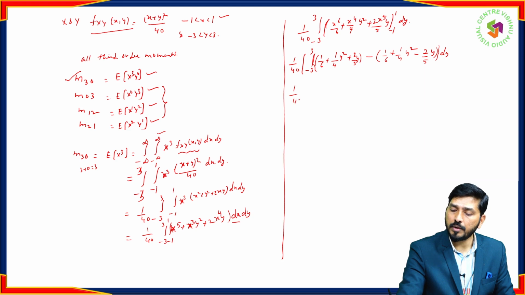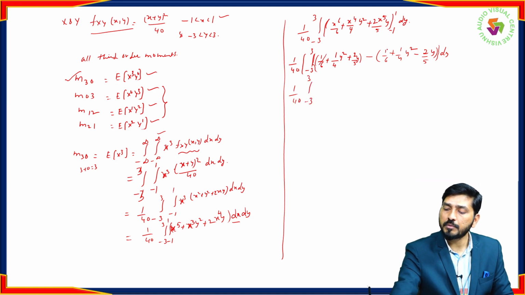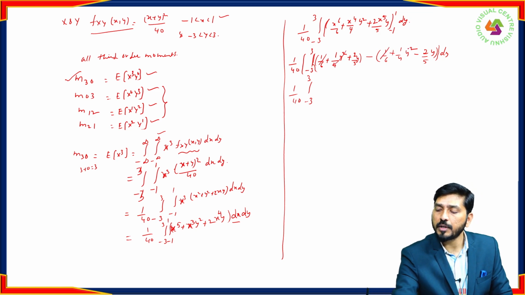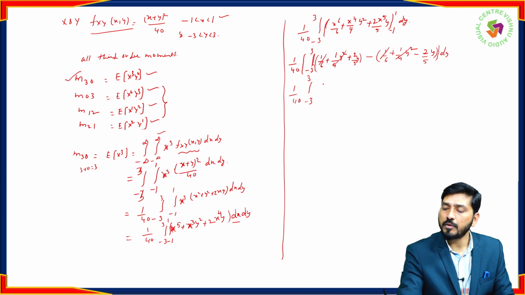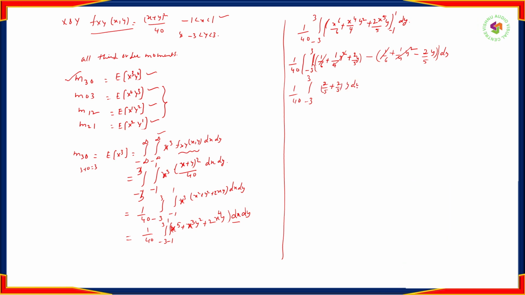Now on solving, you will get, from minus 3 to 3, 1 by 6 minus 1 by 6 goes, 1 by 4 y square minus 1 by 4 y square goes, and left over with 2 by 5 plus 2 by 5 into y dy.